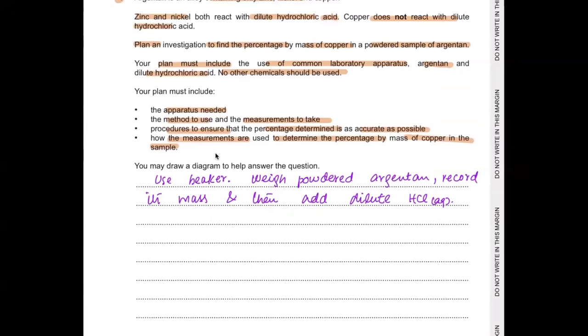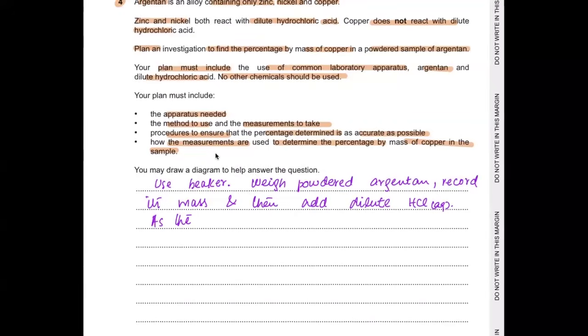When the metal reacts with the acid, we will get salt and hydrogen gas. As the hydrogen gas forms, there is bubbling. So when the bubbles stop, we get to know that all the nickel and the zinc have been reacted.